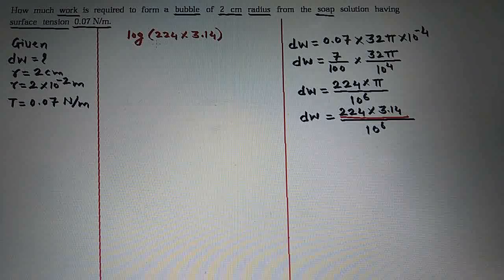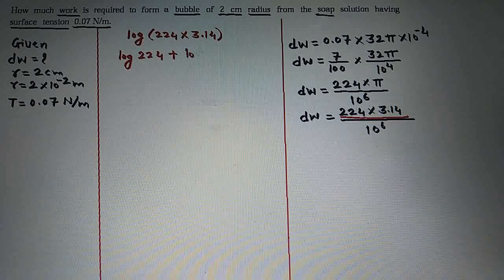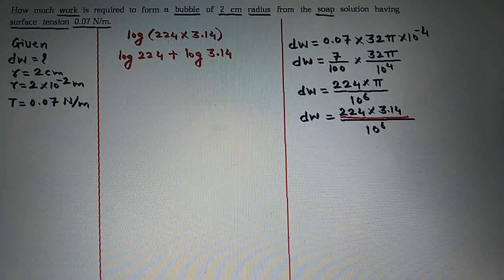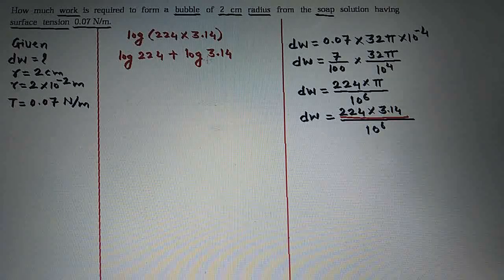As this is multiplication, we can write this as log of 224 plus log of 3.14. When there is a multiplication between any two numbers, then in log there will be an addition in terms of log between the two numbers.